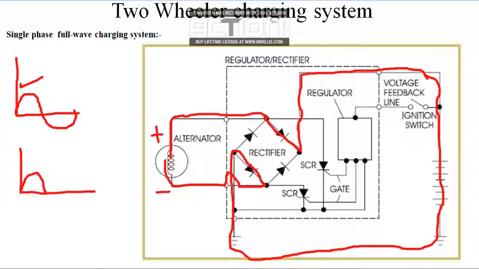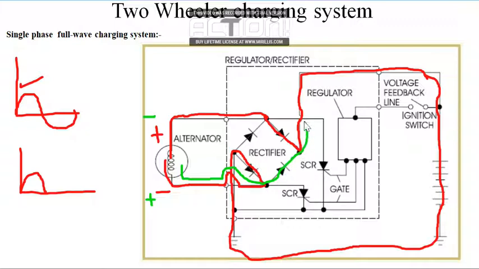Now next, the polarity changes. This becomes negative and this becomes positive. Let's see what happens. Our current starts to flow this way, jumping. At that point it has two paths, this way and this way, but this diode is at reverse bias, so it moves along the other diode.